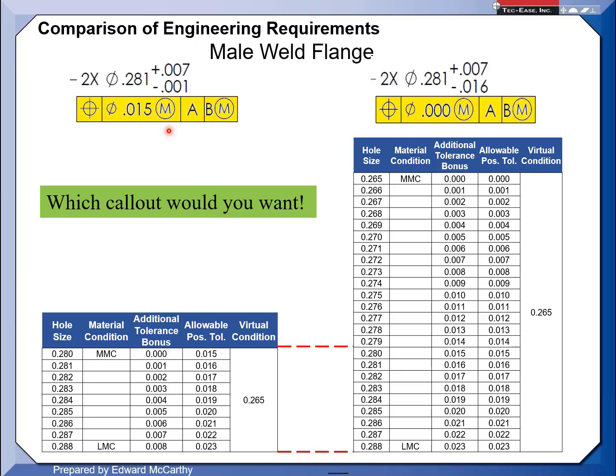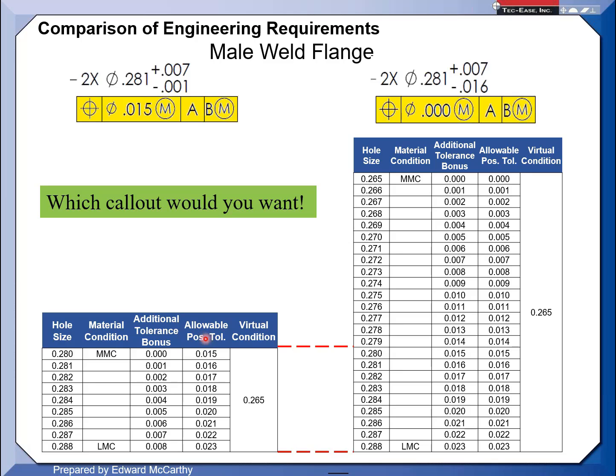And because we have the circle M, the additional tolerance modifier, it depends upon what size they make the hole. Depending upon what size they make the hole, the circle M modifier allows me additional tolerance as the hole gets bigger. The difference between the MMC size and the produced hole, I get this additional tolerance that is then added to what we're originally allowed, 15. It then gives me this new allowable, or the actual geometric tolerance, based on the produced size of the hole. So yeah, we do call it allowable here.